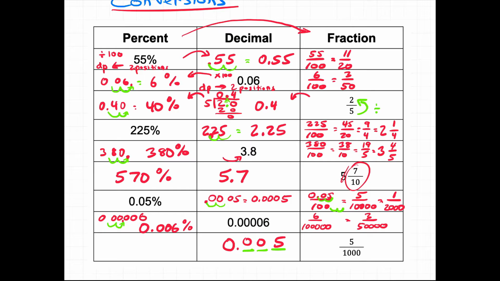So now we have 0.005, and we want to change that from that decimal to a percent. Multiply by 100, which means move the decimal 2 places to the right. So when I have 0.005, again, I'm going to take that decimal 2 decimal places to the right, and that is going to equal 0.5%.